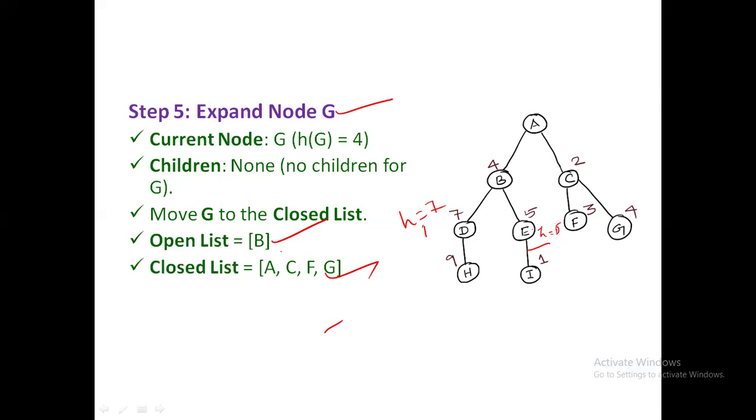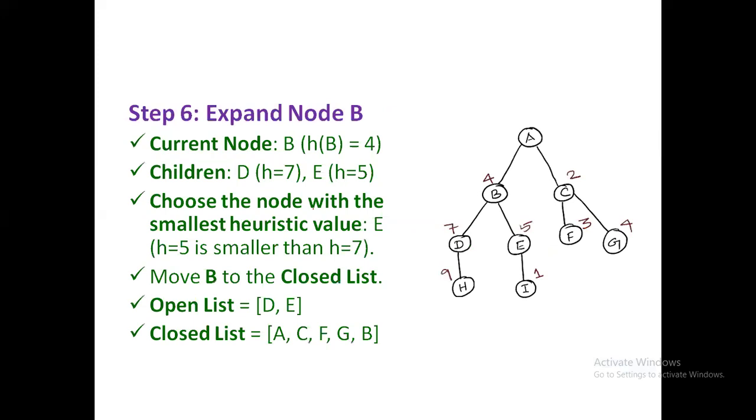Node B is moved into the closed list, and the open list now contains D and E only.